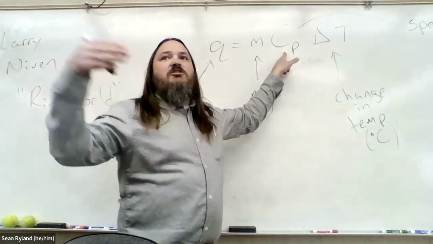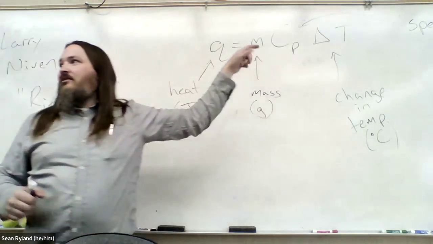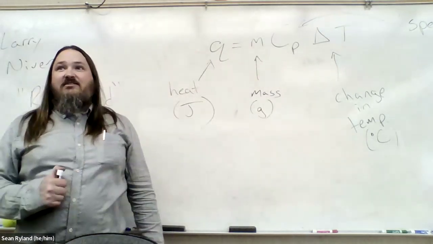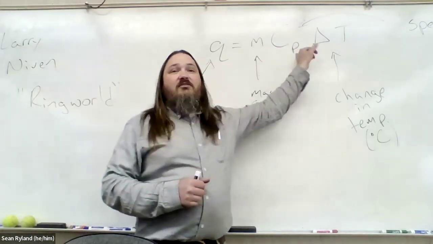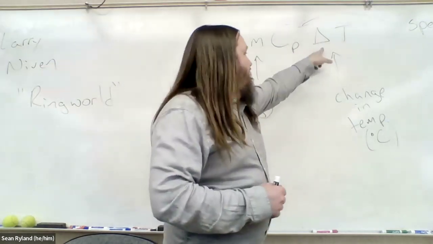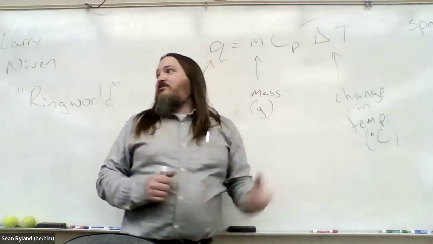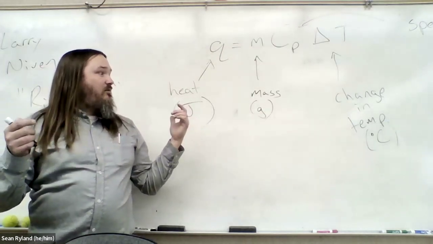So copper has its own specific heat, water has its own specific heat, plastic has its own specific heat. Every type of plastic has its own specific heat. So you need to be given some information or be able to look it up to get this. Delta T is a Greek letter, but it's really just change. It's not that hard to work with.